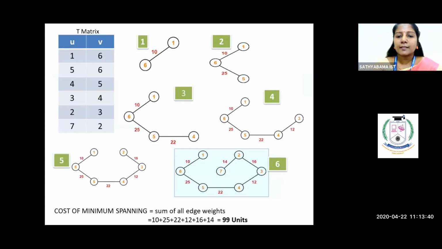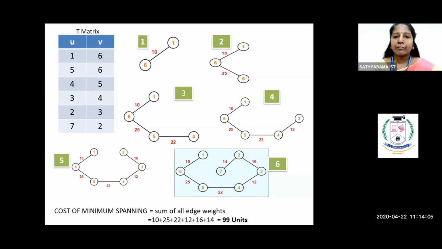Now we are going to construct the minimum spanning tree by taking the edges from the T matrix. In the T matrix, what is the first edge? 1, 6. The edge cost is 10. So we join vertex 1 and vertex 6. Now take the second entry, 5, 6.